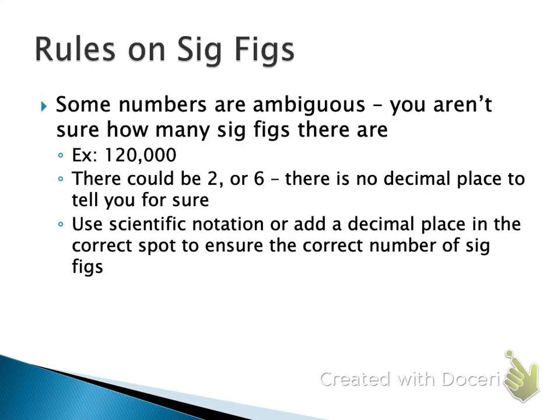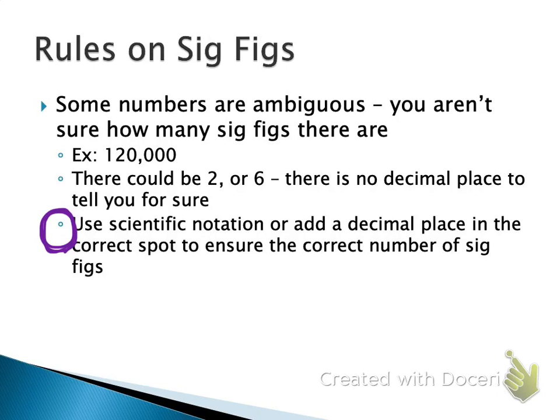This bullet right here is really important. To fix ambiguous values, you use scientific notation or you add a decimal place, to get the correct number of sig figs.